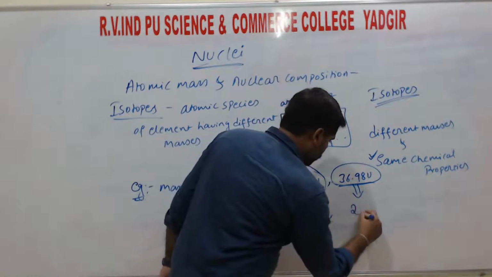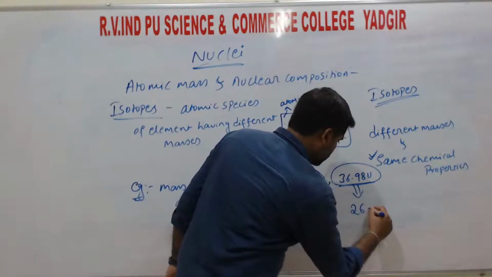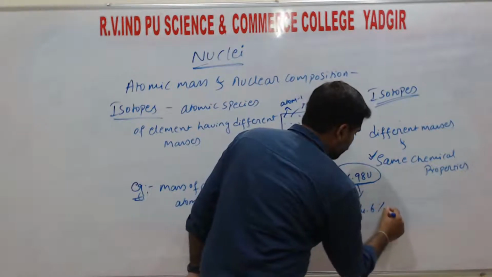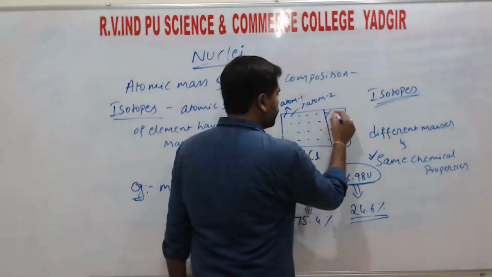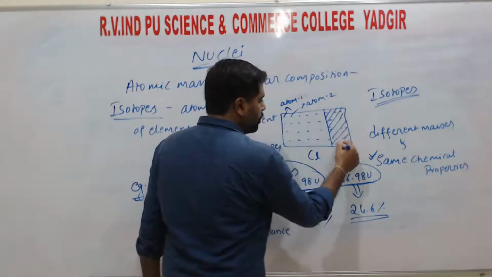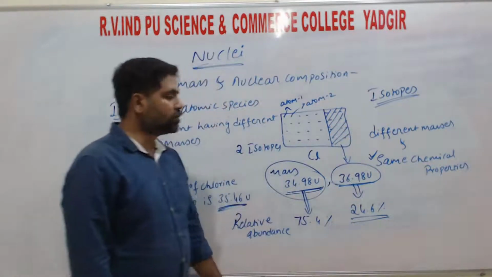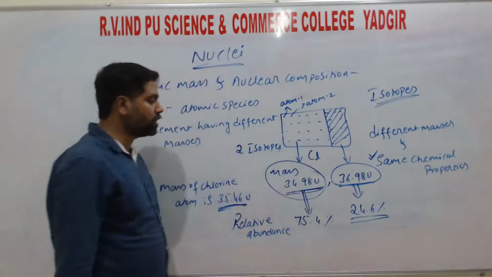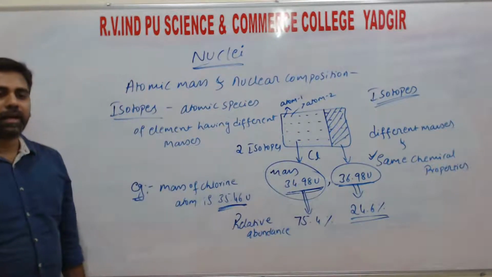So the remaining atoms which have the mass 36.98 are how much? Here we have 24.6%, right? So this much of the atoms have the mass 36.98 and the remaining atoms have the mass 34.98, right?